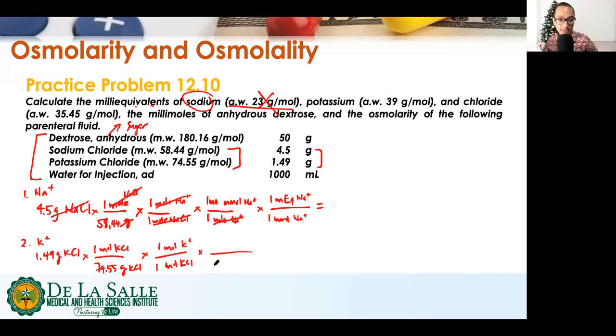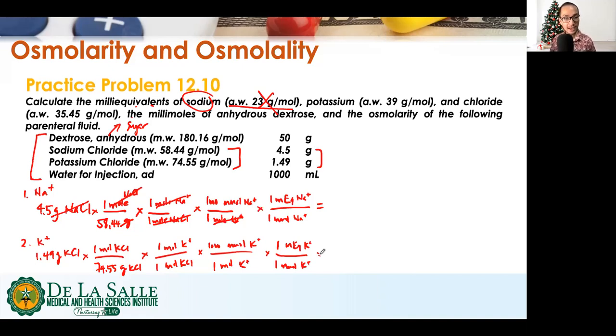Now, this is just a conversion factor, converting 1 mole of potassium to millimoles. And then, I also know that 1 millimole of potassium is 1 milliequivalent of potassium. See how far your dimensional analysis has gotten you. This is a simple problem using only dimensional analysis.